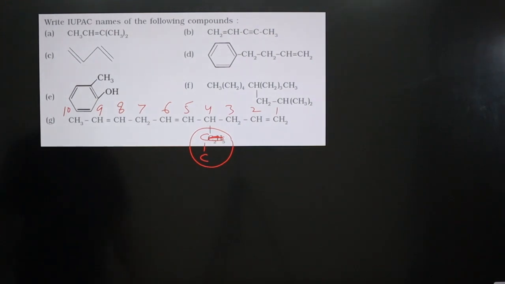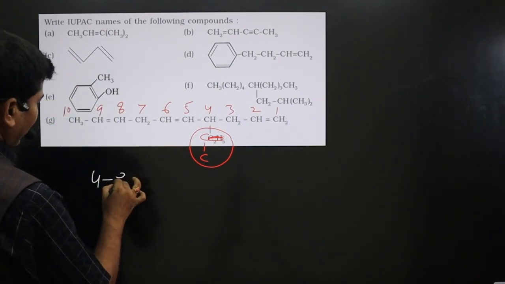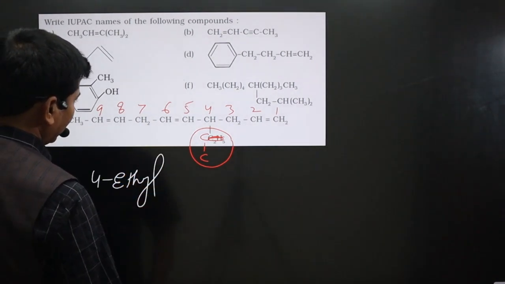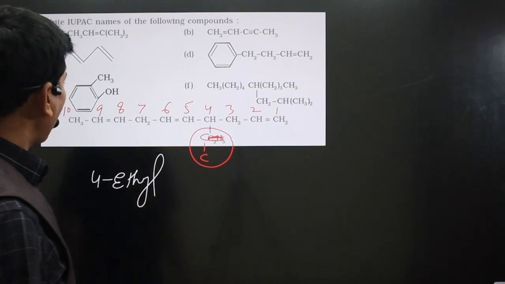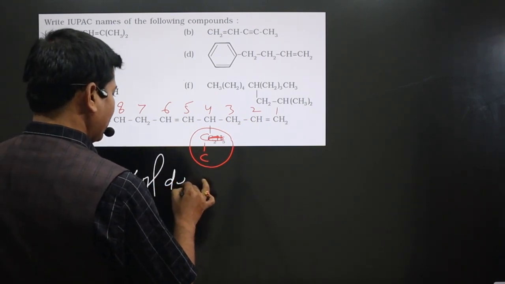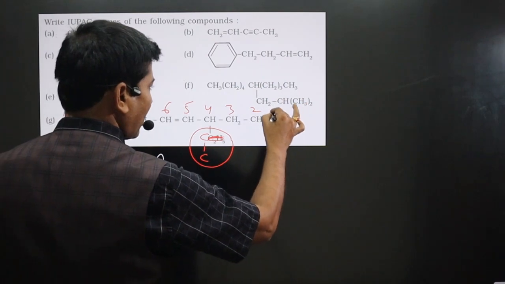Branching is named first of all. So we have 4 ethyl. Okay, 4 ethyl is there. Then go for the parent chain. How many carbons? 10 carbon. We can mention dec. Okay, and then we mention the position of the double bonds. In how many positions are double bonds present? To the first carbon it is attached.